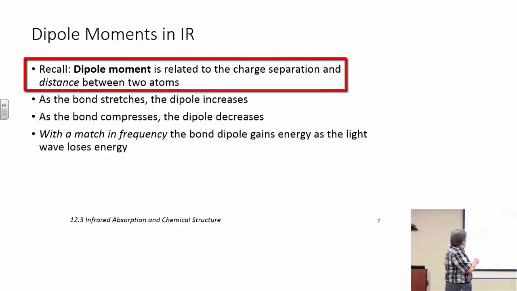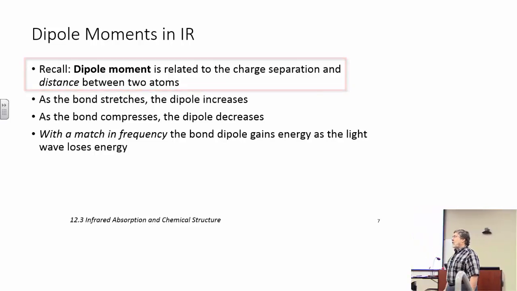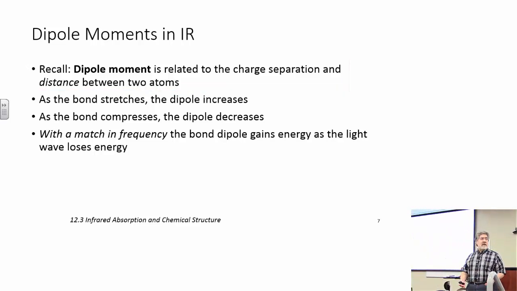But also, remember that distance matters. It's not a static function related to electronegativity. Distance matters, and that's why the vibration of the bond matters. Because as distance increases, the charge separation increases, the dipole increases.